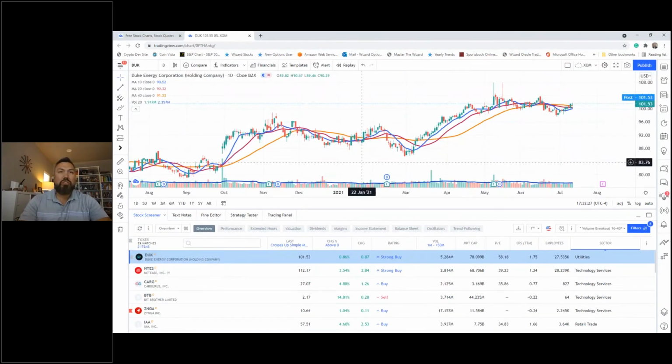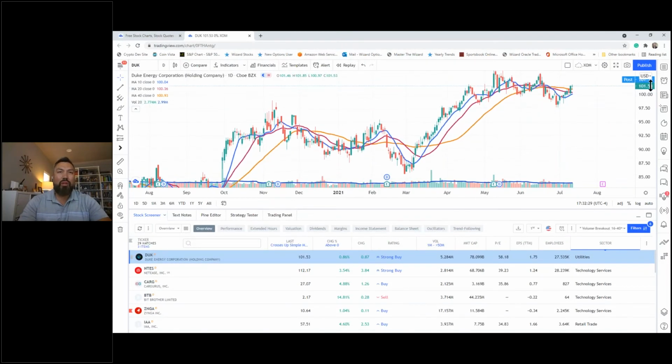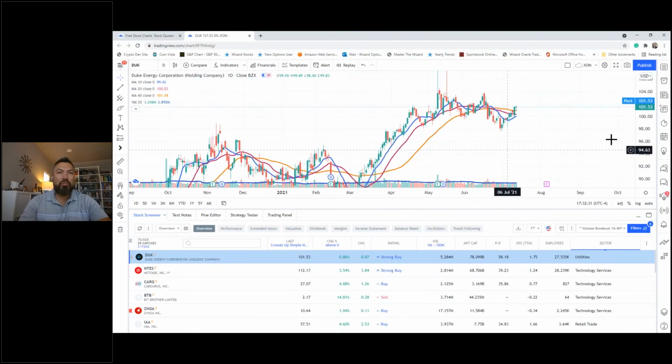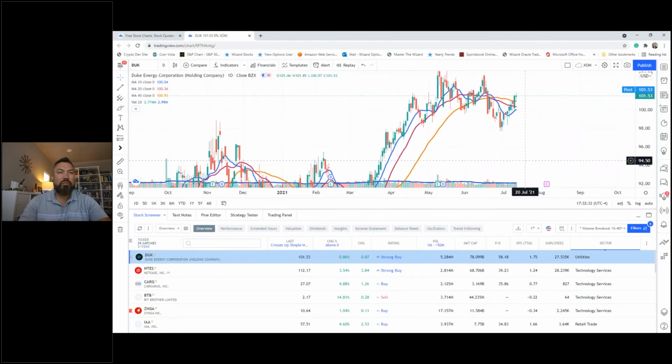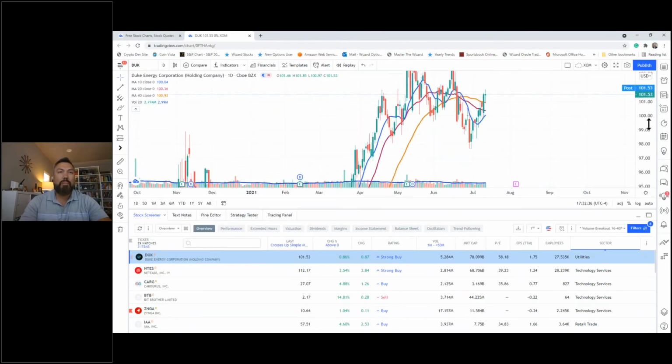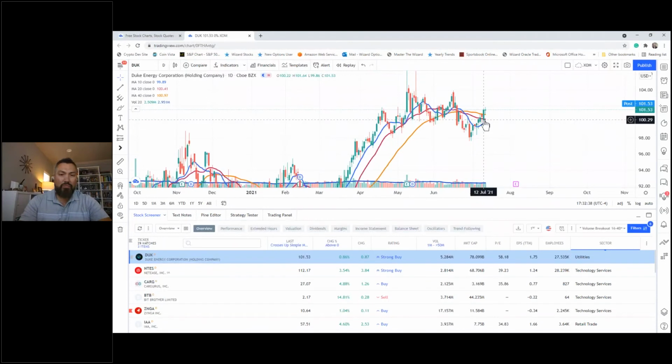Look at the charts and tell me, are we at a point of a cross? See, here's the cross. This is Duke Energy, a Dow composite stock. You see the cross above? That's where I want to be. I want to be above, and I want to be at that moment of crossover.